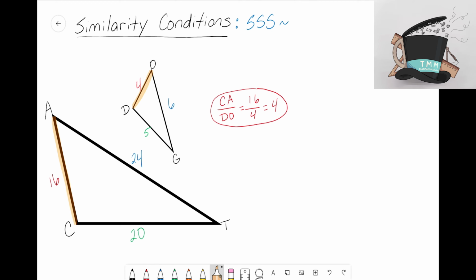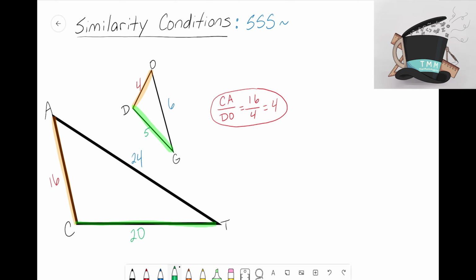So let's focus on the base of the triangles. That would be side CT and side DG. Let's again compare and see whether or not they have this zoom factor of 4. Now we want to be careful. A mistake that students make is, if you notice with the first ratio, I did the big side over the little side.